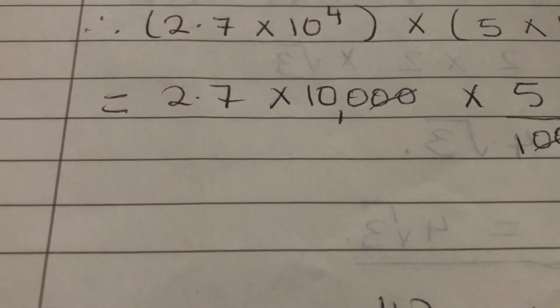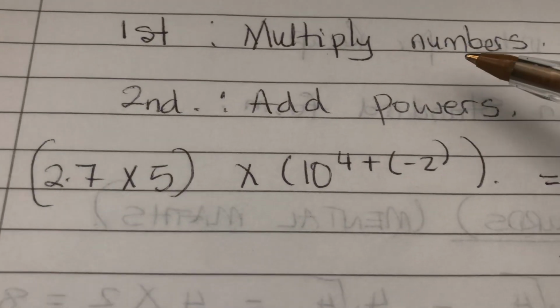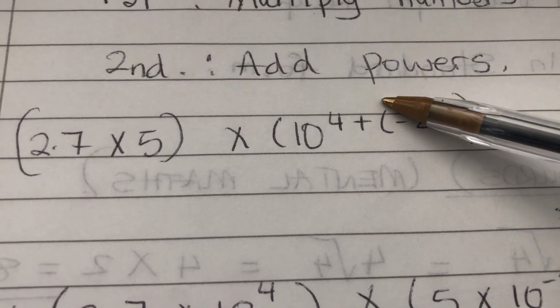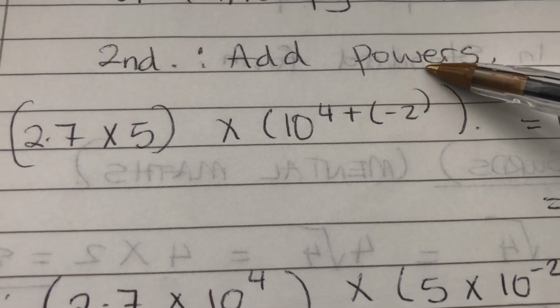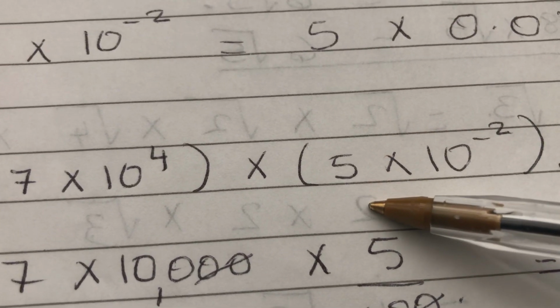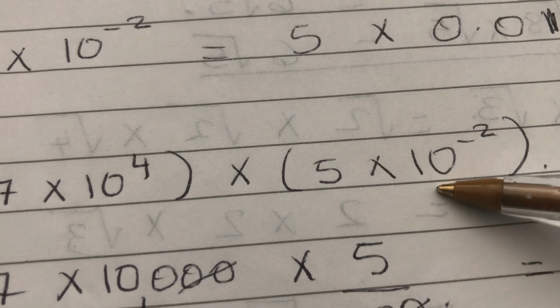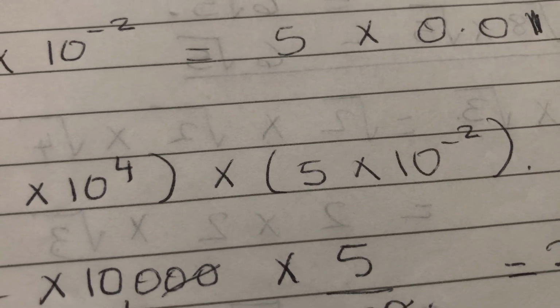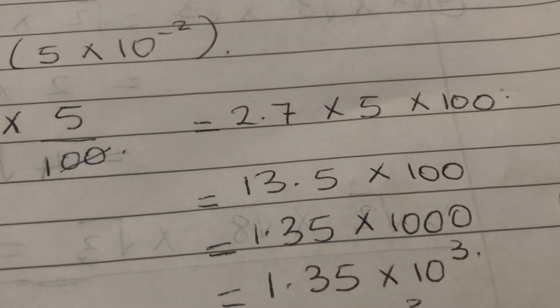So you can use this method here and add the powers if you're multiplying. Or you can use this method here, write them out, cancel out, and change back into the standard form. Okay.